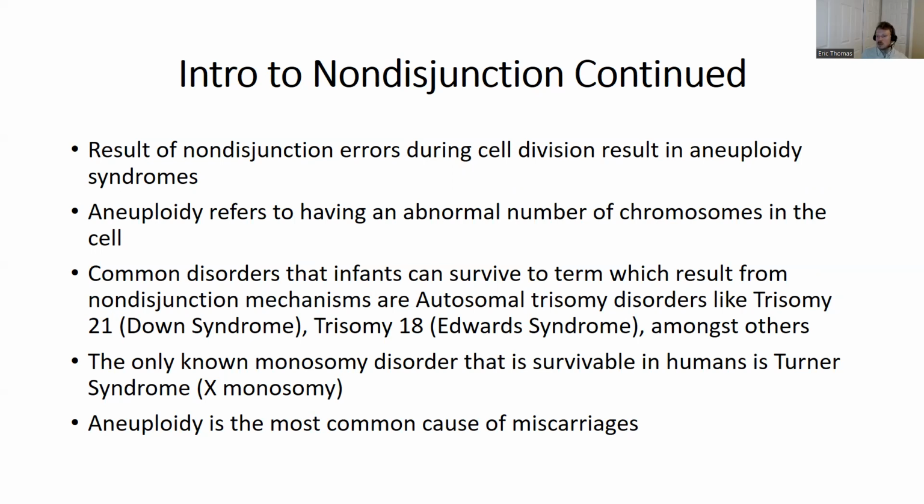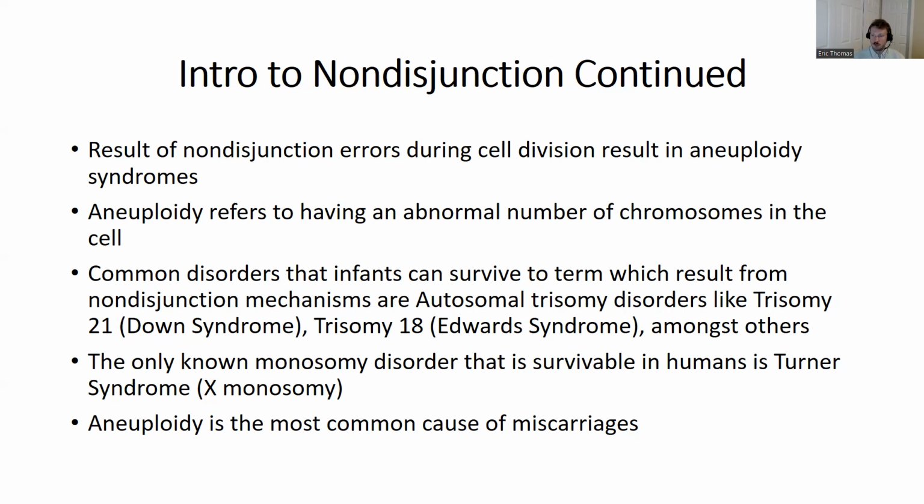I'm not going to get into the specifics of these diseases, or why X monosomy is the only survivable one versus why some of the trisomy disorders are survivable. These things were covered in further assignments, which I believe other students are doing their projects on, so I'll leave it to them to get into those specifics.